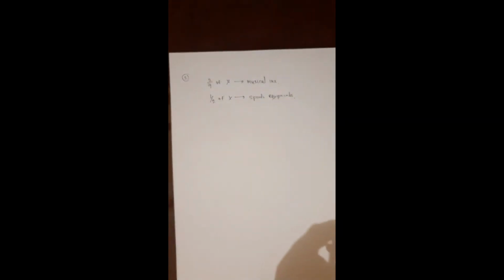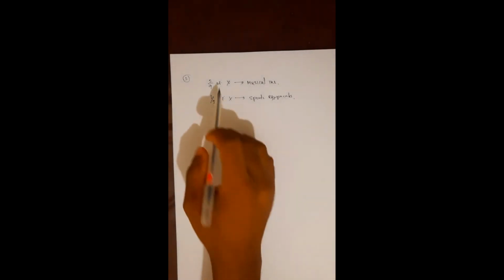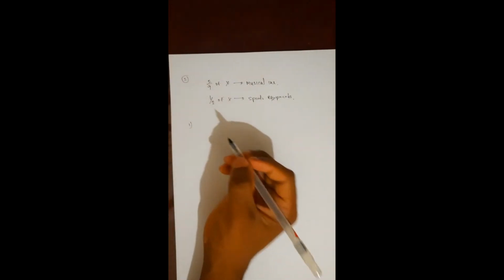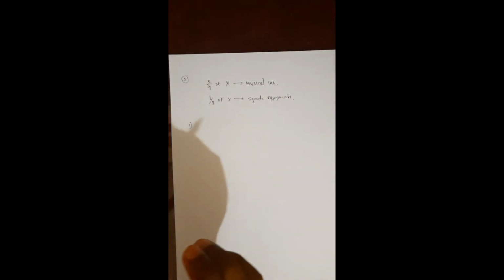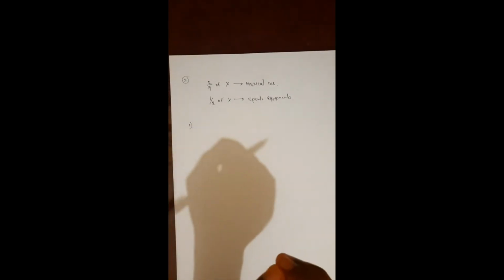So earlier, as I said, we have to find the common denominator and add, so that we can find the total fraction which is used to buy musical instruments and sports equipment. The first question is, find what fraction of the total amount was used to buy the musical instruments and the sports equipment. So we have to find the addition of this.